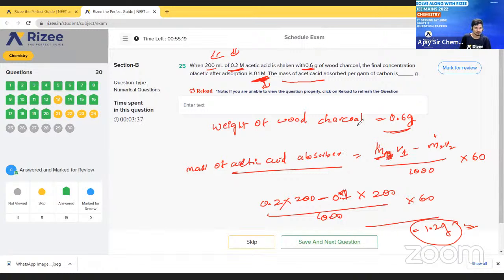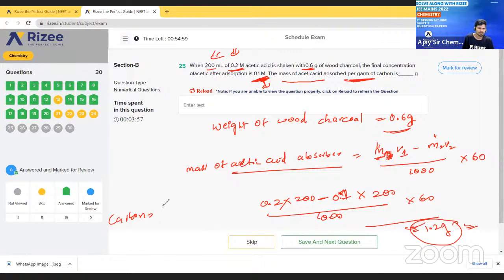Okay. So what are they asking? Per gram of the carbon they are asking. So we have to take the mass of acetic acid absorbed per gram of carbon.